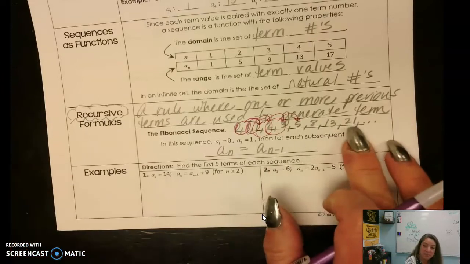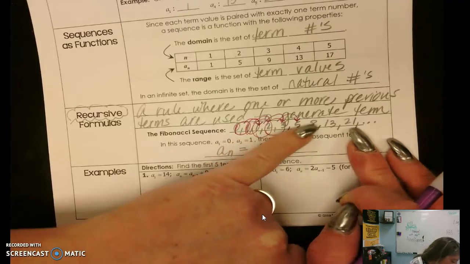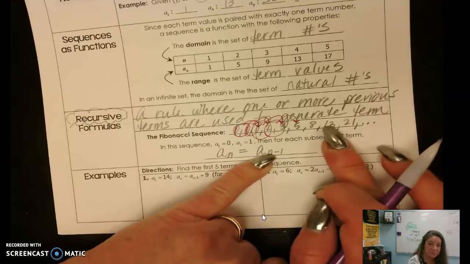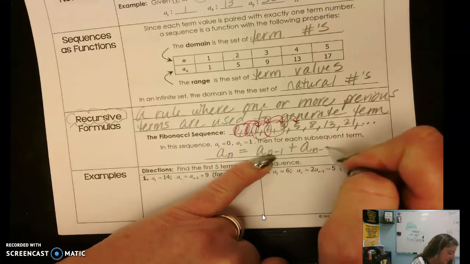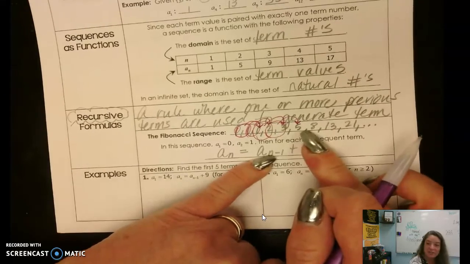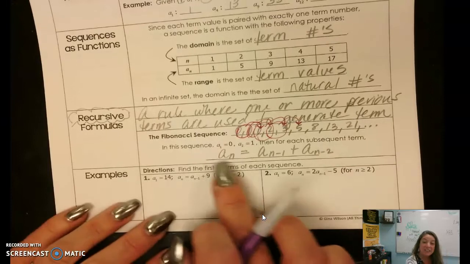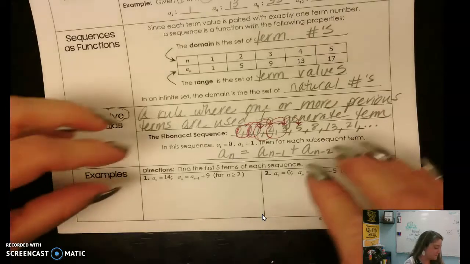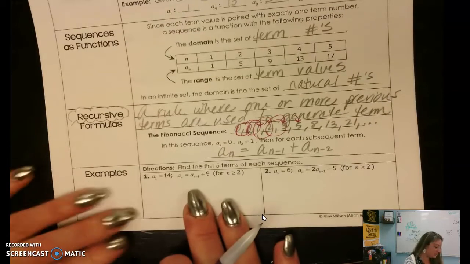If I'm looking at the number 21, this is the 1, 2, 3, 4, 5, 6, 7, 8, 9th term. I'm going to take the 8th term, which is 13, and add the term two in front of it, the 8, so 13 plus 8 makes 21. So this is what it looks like. Again, it's just a way to formalize this particular pattern.